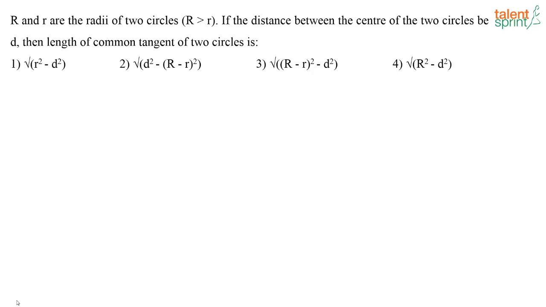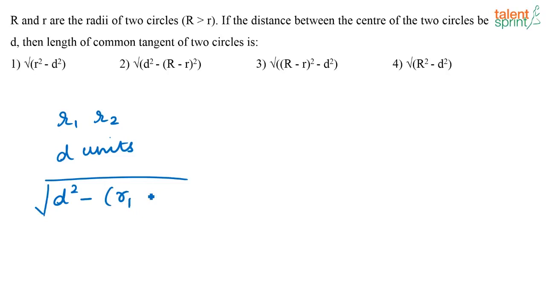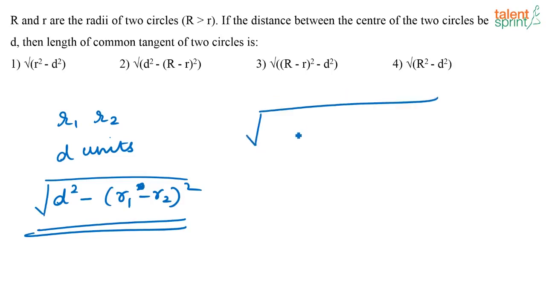If I say that I have two circles whose radii are R1 and R2, and their centers are d units apart, then the length of the direct common tangent between the two circles is given as root of d squared minus (R1 minus R2) the whole squared. So this is a formula that you can keep in mind.